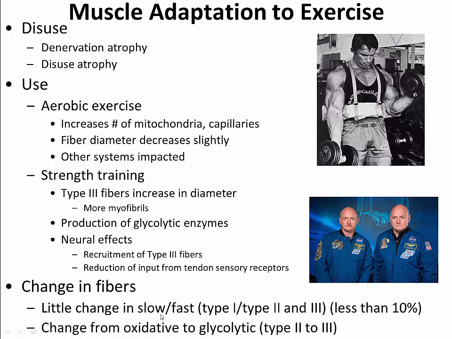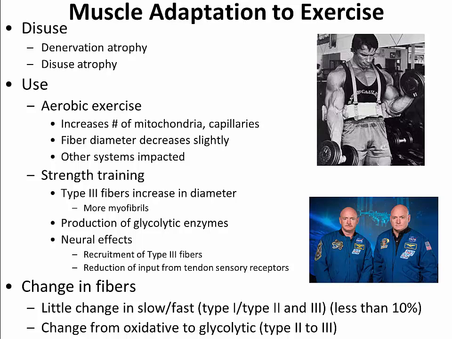Research indicates that there's very little change from slow type 1 fibers to fast type 2 and type 3 fibers, perhaps 10% or so, with really intense training, trying to improve your 40-yard dash time or something of that nature. It's not going to be very effective because those myosin heads are fixed as a result of your genetics, and there's no changing that. Evidence does indicate that you can change some of the type 2 fibers to type 3 fibers.